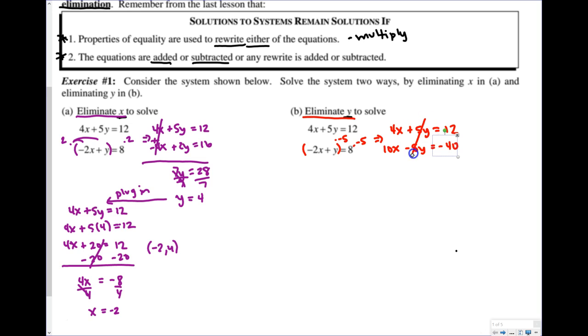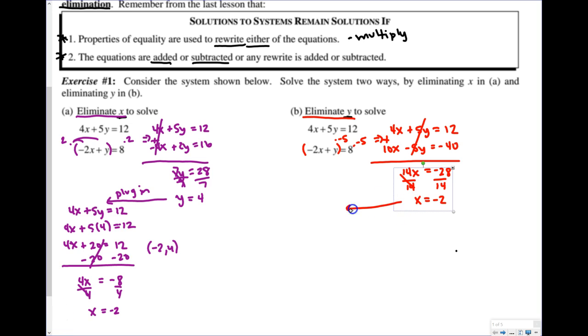Now I can eliminate y when I add them together. 4x plus 10x is 14x, and 12 minus 40 is negative 28. Divide both sides by 14 to get x by itself, and I get x equals negative 2, which is the same as I got on the first problem.